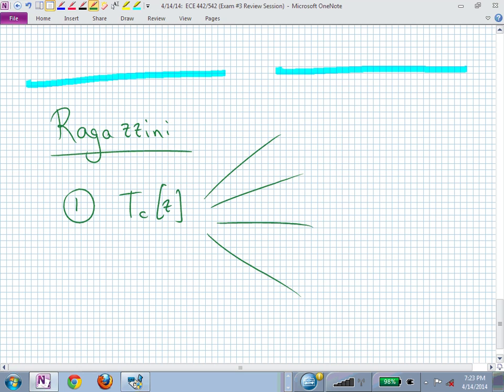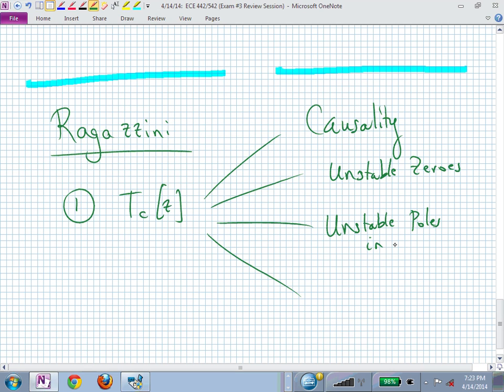Restriction 3. So now I'm down to this line. It should be clear. 1 was causality, wasn't it? Pole zero excess of G sub C and T sub C are the same. This is the unstable zeros of G of Z need to be retained in T sub C of Z. The third restriction, unstable poles in your plant impose what on T sub C?